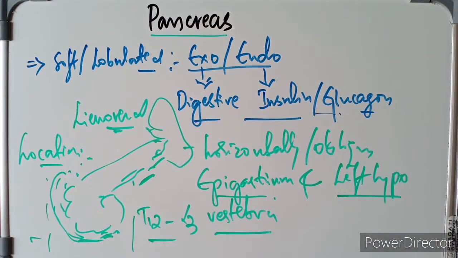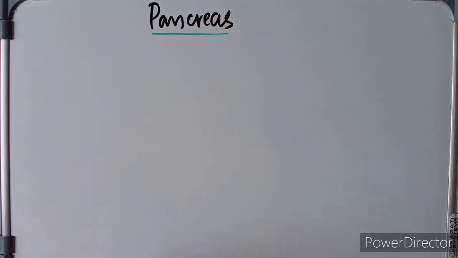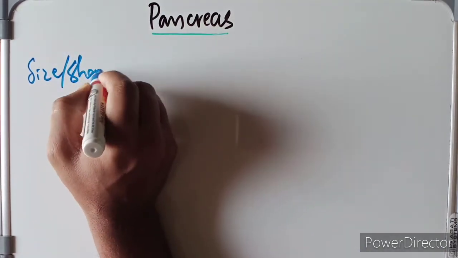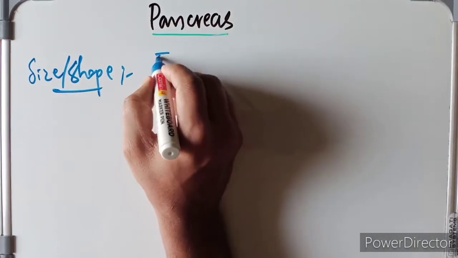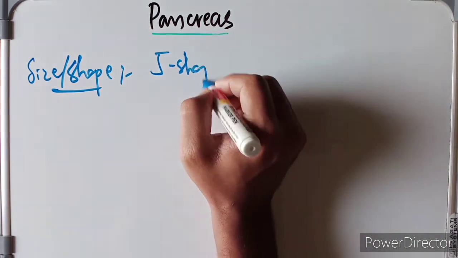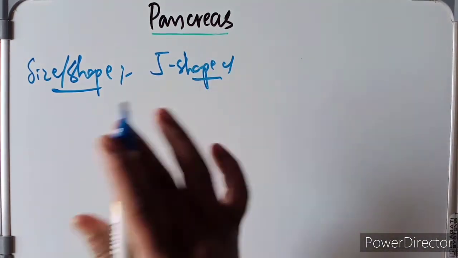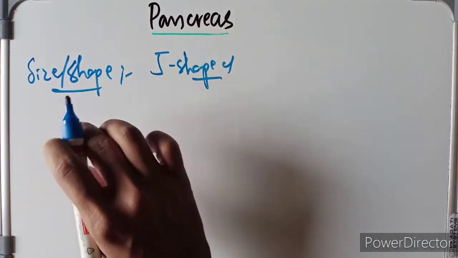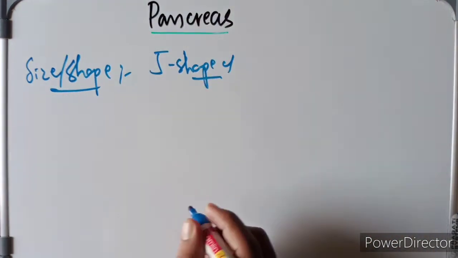Now let's look at the size, shape and parts of the pancreas. Coming to the size and shape, the pancreas is a J-shaped organ which is set obliquely, and the bowl of the retort represents its head and the stem of the retort represents its neck, body and the tail.